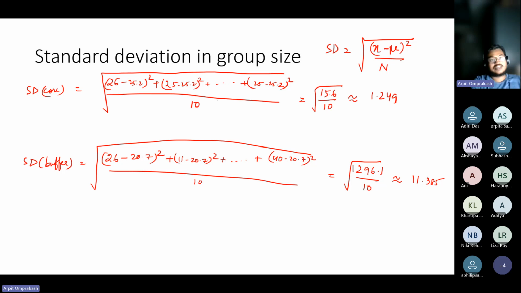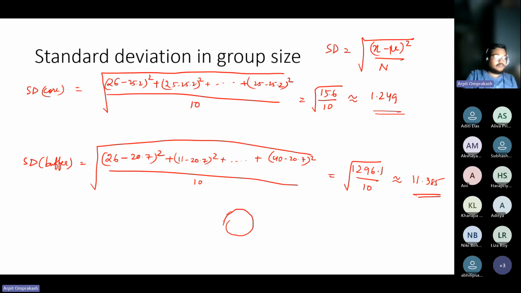A higher value means there is more difference in the size of the groups for different samples, and a lower value means the number of individuals in each of the samples is approximately the same. We see that the core has a lower value compared to the buffer, which has a very high value. So what does this tell us exactly?